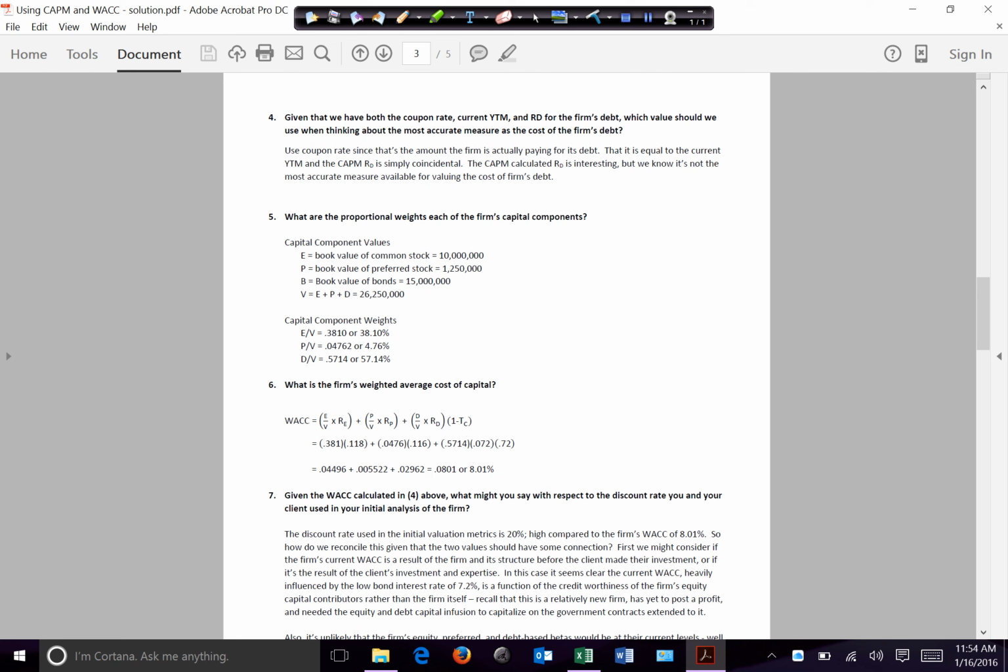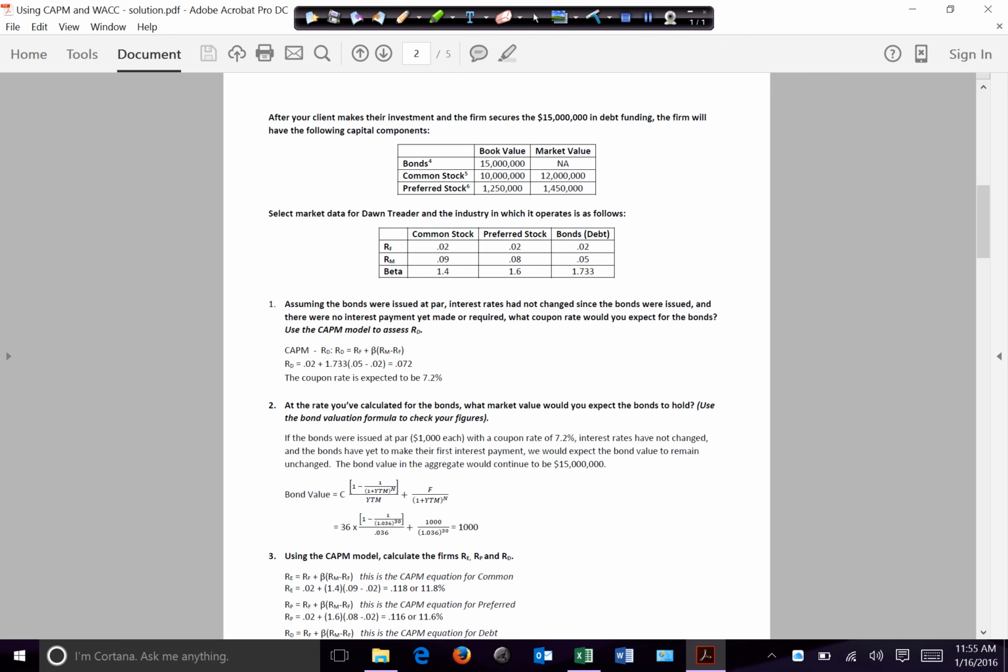Well, remember that we have a scenario for WACC that asks for some weights, E divided by V, P divided by V, D divided by V, where E is the capital amount of the common, P is the capital amount of the preferred, D is the capital amount of the bonds or debt, and V is E plus P plus D. And in this case, you saw on the prior page, I had given you the book values.